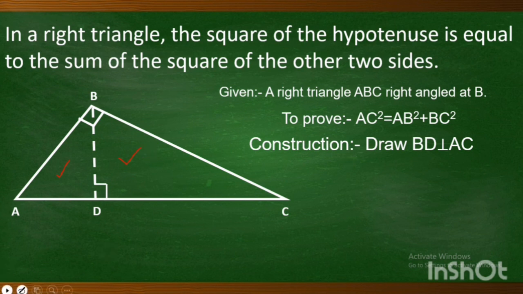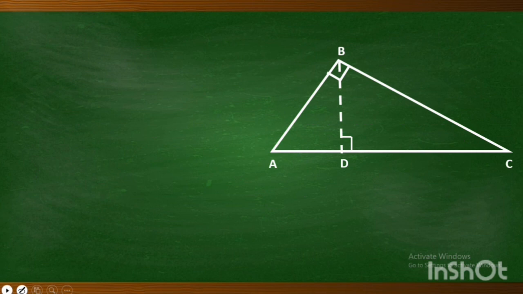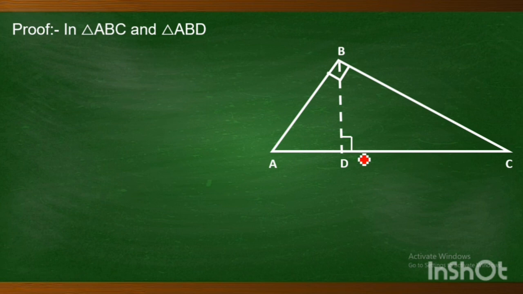So using the combination of these three triangles, we are going to prove this theorem. So let us start. The diagram is given. First of all we'll take the bigger triangle ABC and the smaller triangle ABD. First we'll prove these two triangles similar. Once we prove these triangles are similar, then the sides will be proportional.